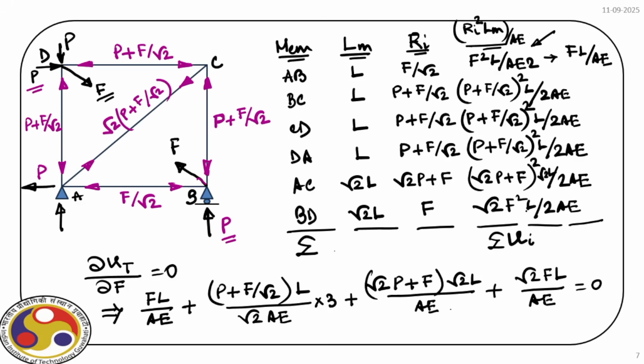And for the last member, which is BD, the strain energy is root 2 F square L divided by twice AE, and that if we differentiate with respect to F, we get root 2 FL by AE, right? And all of them, if I sum it up, is equal to 0. So let us solve this equation.